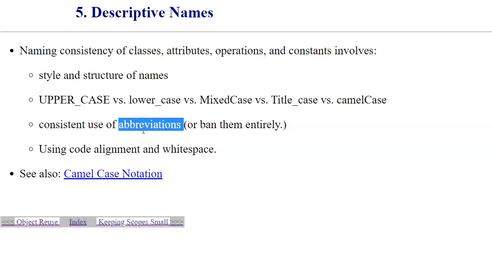Acronyms are a different story, but abbreviations, like shortening the words to a certain level, could be very inconsistent. It's very hard to maintain the same level of consistency, and not everybody perceives such abbreviations in the same way. So just try to stay away from it. It's a better idea to use complete words in naming. Of course, code alignment and white space is another part of style, and that is something to be consistent with.